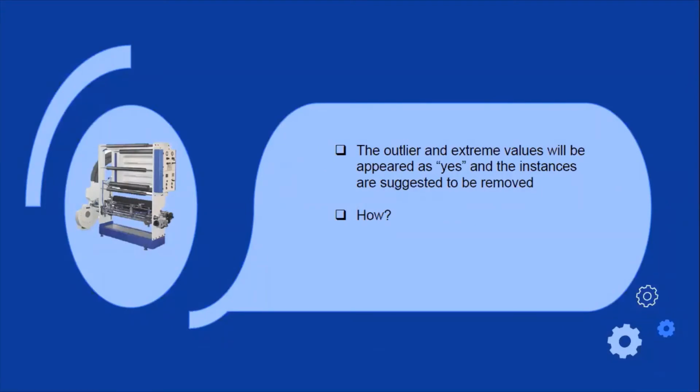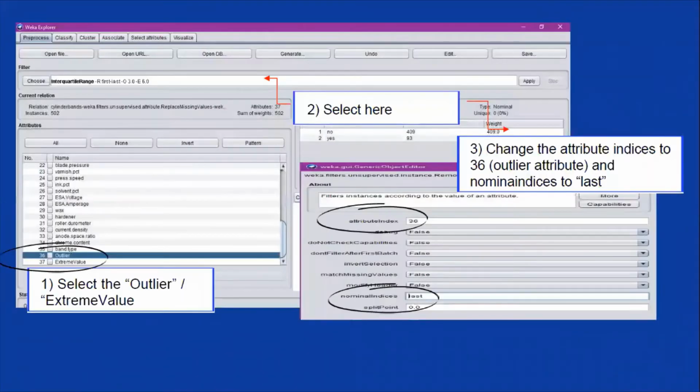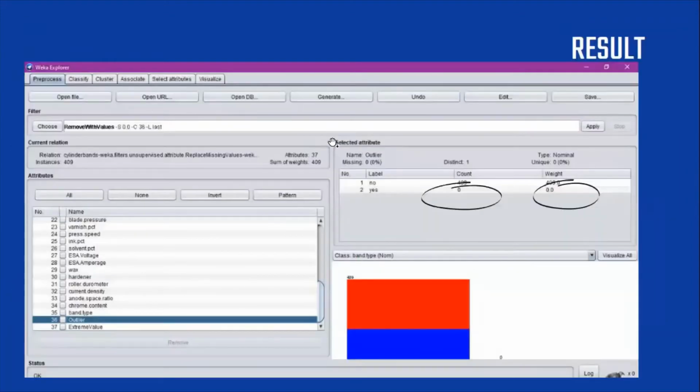How are we going to remove these? We select the outlier attribute and then in this properties panel right here, we change the attribute index to 36, which refers to the outlier attribute, and nominal index to last, which refers to instances for yes. And then we apply.